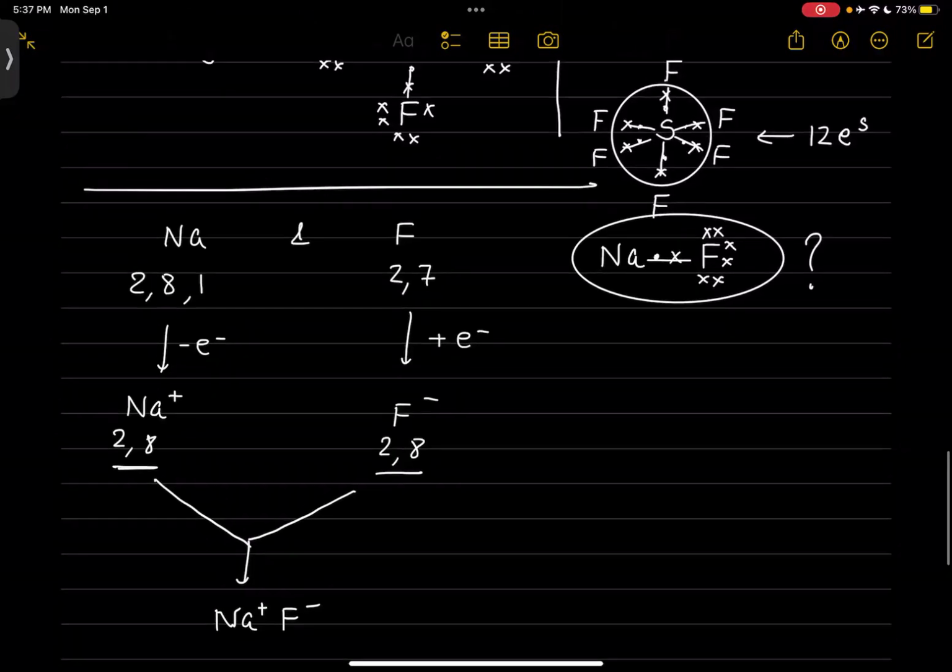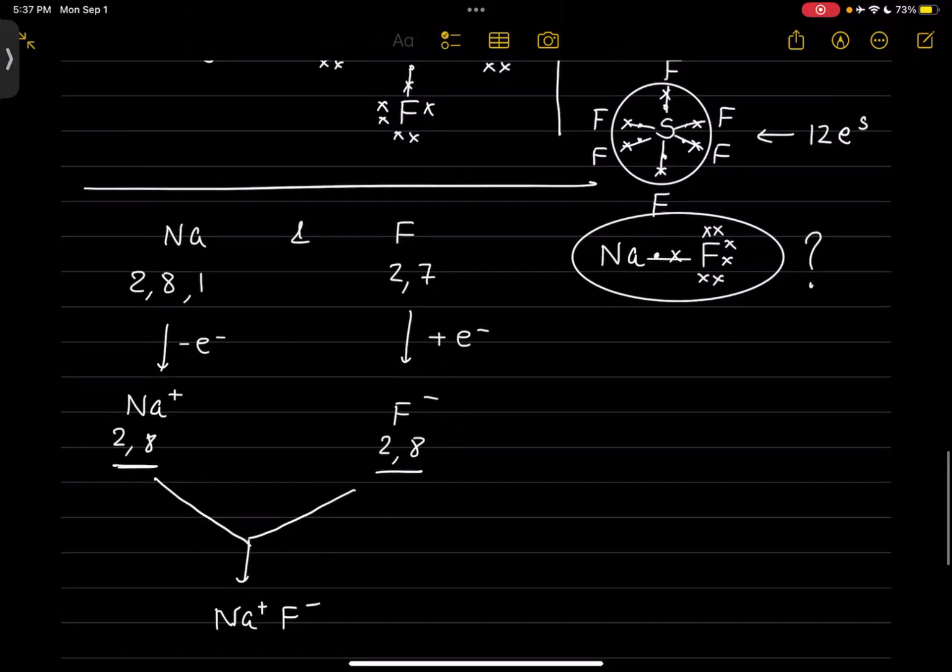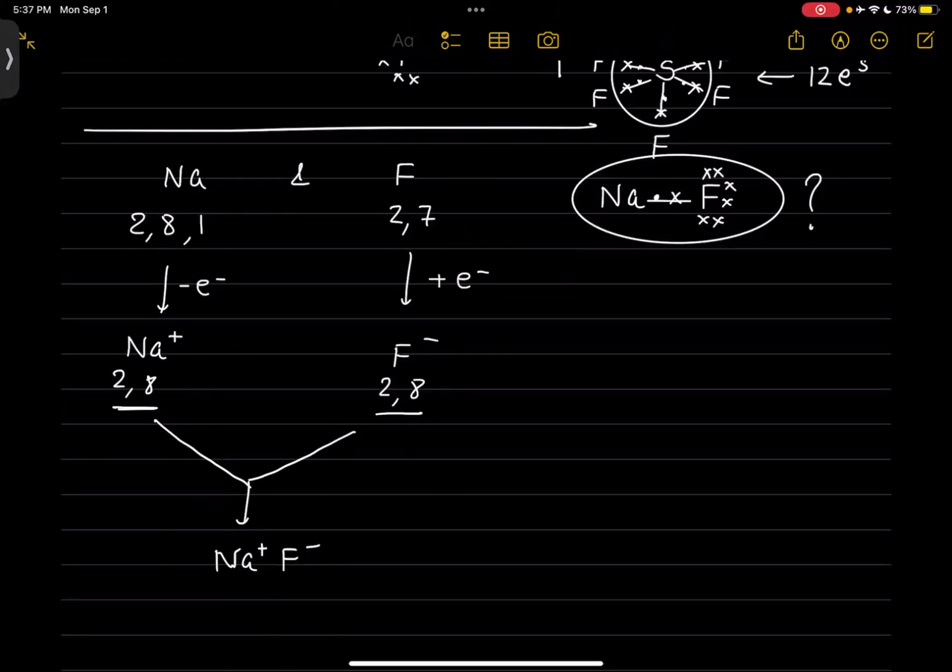It depends. For example, sodium you have seen is 2, 8, 1. This is the outer shell, and metals have just 1, 2, or 3 electrons in the outer shell, and they lose their electrons and form a cation.